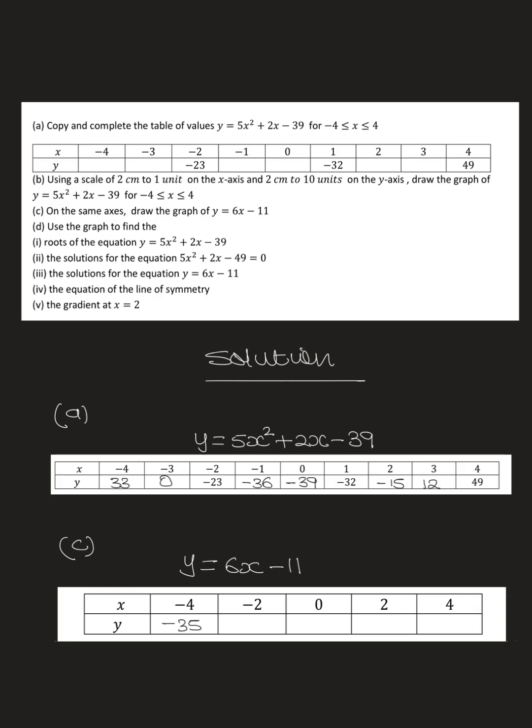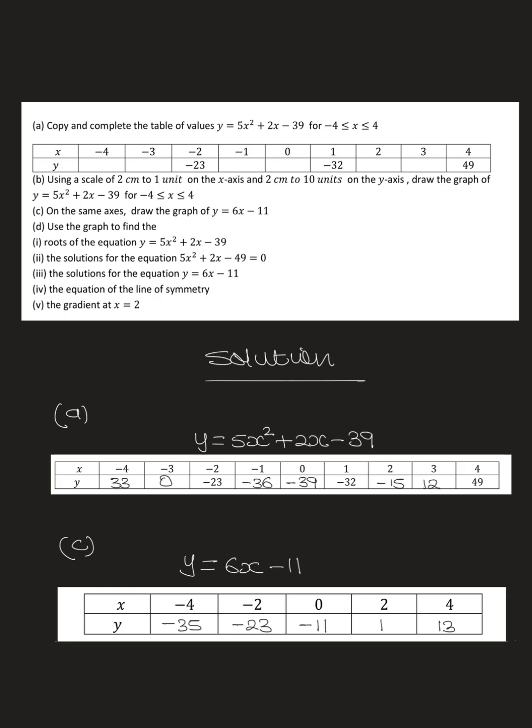When x is equal to minus 2, y is minus 23. When x is equal to 0, y is minus 11. When x is equal to 2, y is equal to 1. When x equal to 4, y is 13.